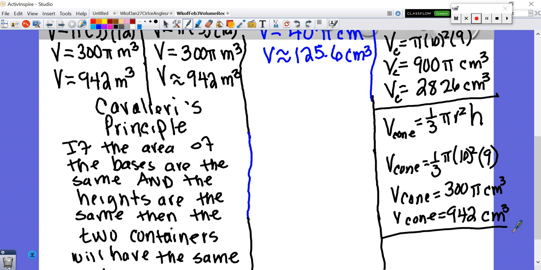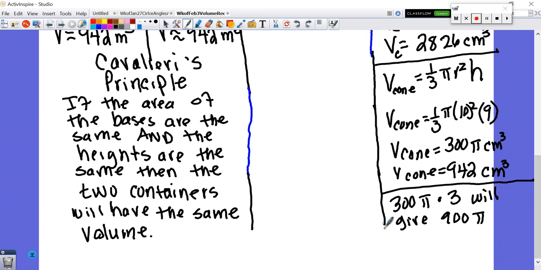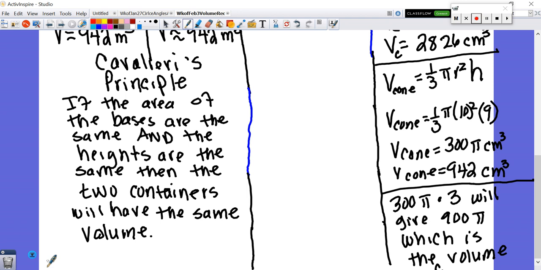So all you say, 300 pi times 3 will give 900 pi, and I'm using the exact answer to talk because it's just easier for me to use that one. You can use the approximate answer too. Would give 900 pi, which is the volume of the cone. I mean, not the cone, but the cylinder. Volume of the cylinder.